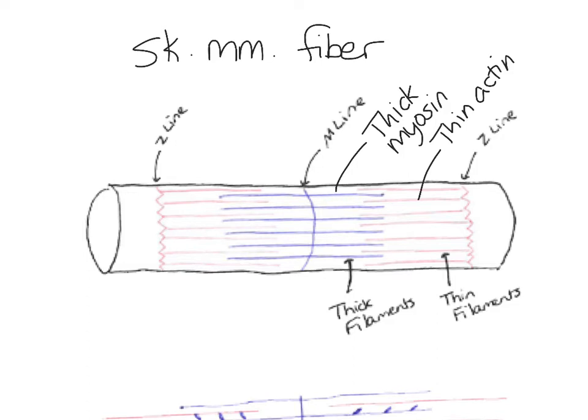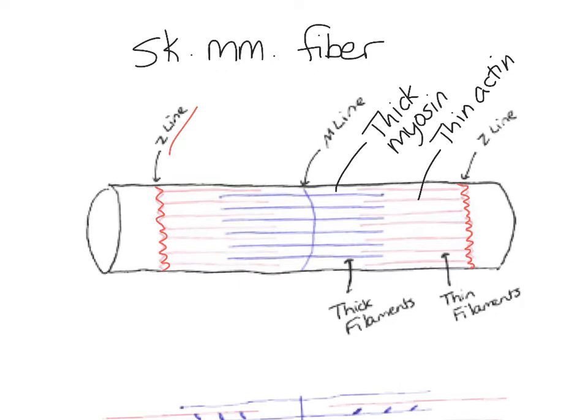So let's talk about a couple of other structures that we see in here, where the thin filaments start, they're going to start at this zigzagged line over here that we call the Z line. And we can see that we have a Z line on both sides. Okay, and that's where the thin filaments are going to start.